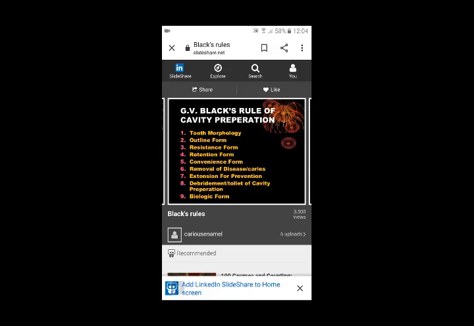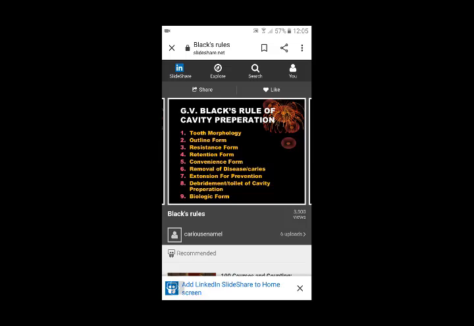Retention means how to retain that building onto the surface. So when we talk about cavity designing, we are concerned with how we are making the cavity, what is the width of that cavity, what is the design, whether the walls are straight or not, whether the floor is straight or not, on a 90-degree angle.